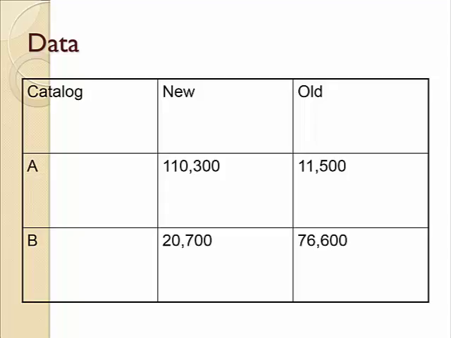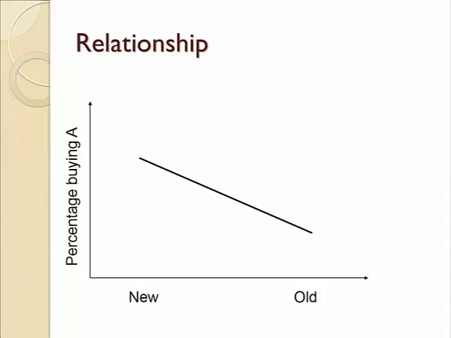So this table suggests that if you are a new customer, you are more than 5 times likely to purchase from catalog A than from B. While if you are an old customer, then you're roughly 7 times more likely to purchase from B than from catalog A. So the actual relationship between the type of customer and the percentage of customers that purchase from a catalog is not perfect, and there is clearly a relationship between the two variables.